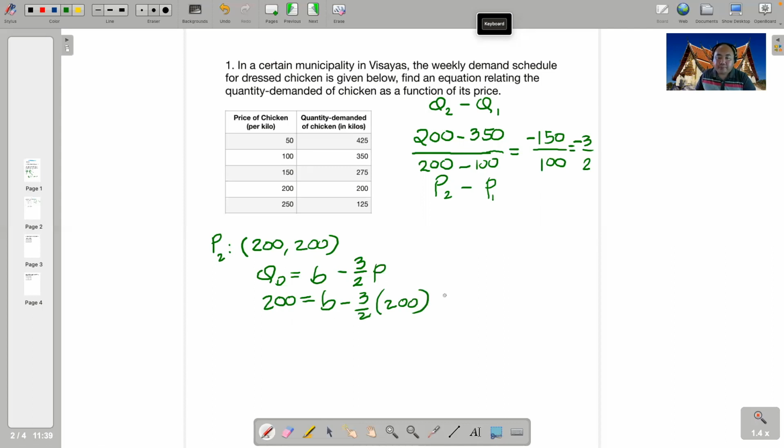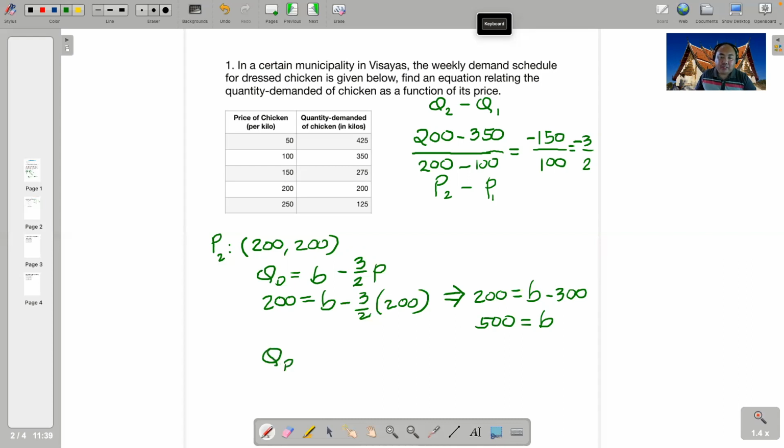This will result into 200 is equal to B minus 300. Or finally, that's going to give you 500 is equal to B. So now that we have B as 500, we recreate the demand model.